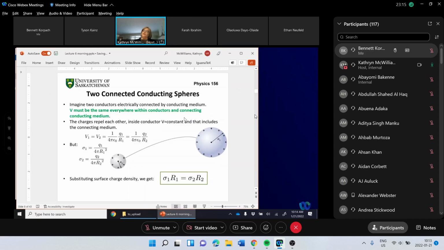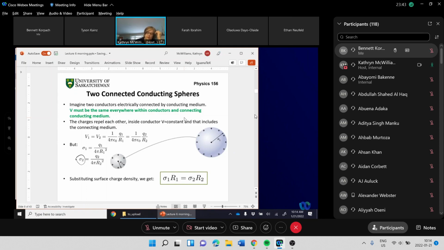And to prove this, let me know if you have any questions as we go through this, because it's kind of a weird way to think about it, perhaps. If we have a small sphere, this is sphere 2 with surface charge density sigma 2, it's a conductor. So all the charge is moved out to the surface.